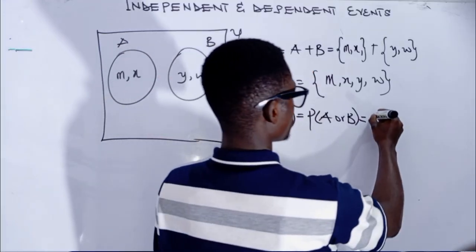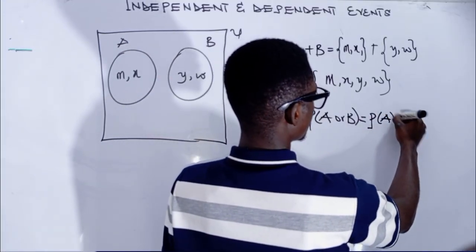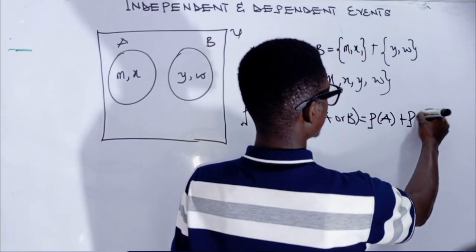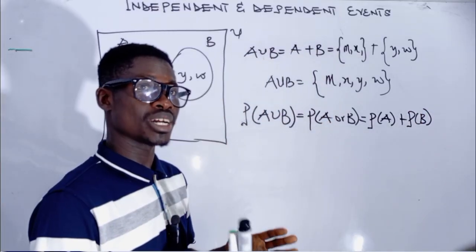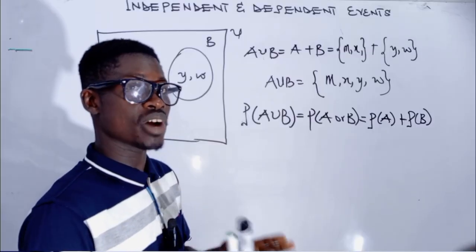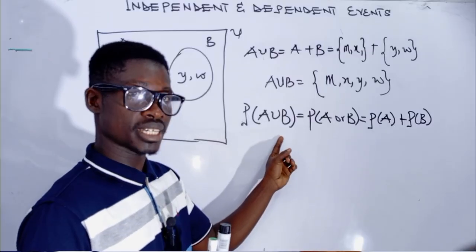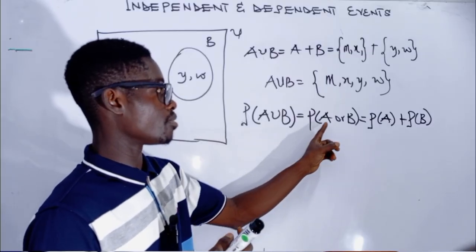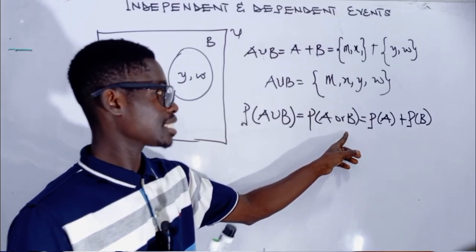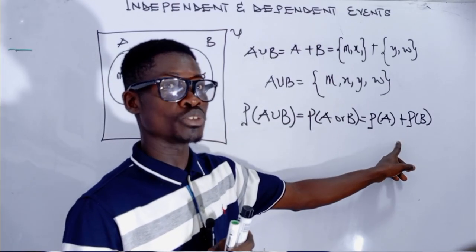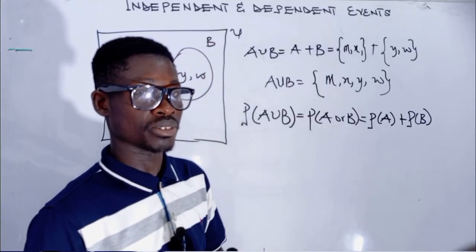So we are going to have the probability of A plus the probability of B. So for independent events, to find the probability of A union B, which is the same as probability of A or B, all we have to do is to add the probabilities of the individual events together and then you are good to go.